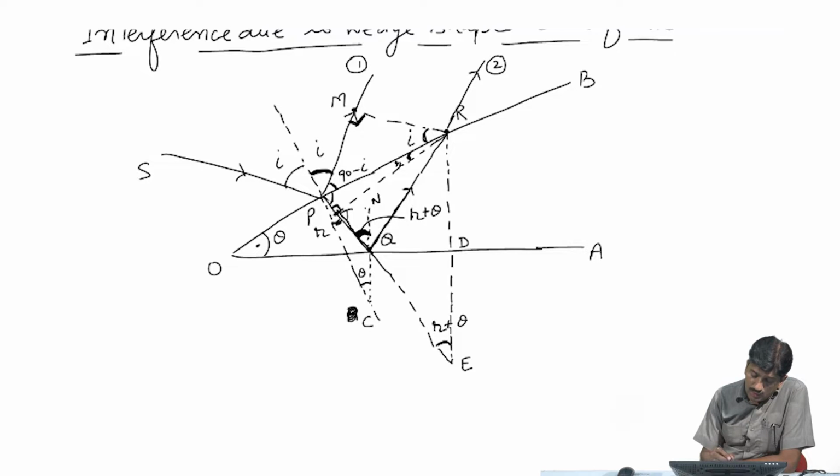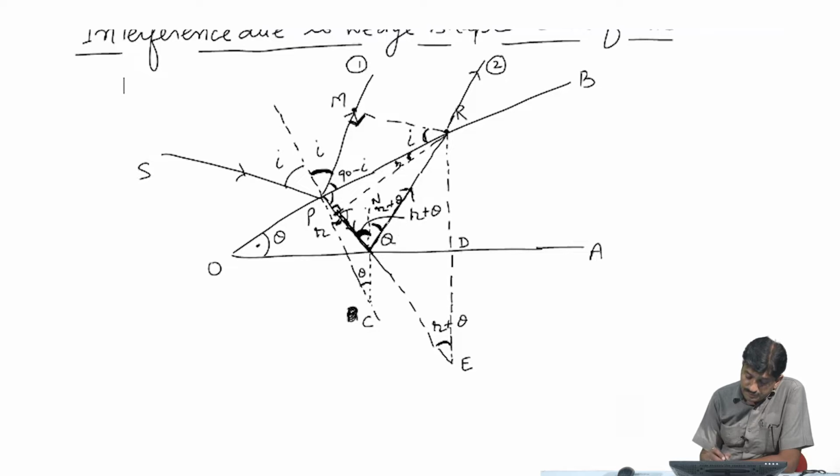For point Q, again listen, this PQ light ray is incident and QR light ray is reflected. It means this angle R plus theta becomes equal to the angle of reflection. It means it is again R plus theta. This angle is again R plus theta.